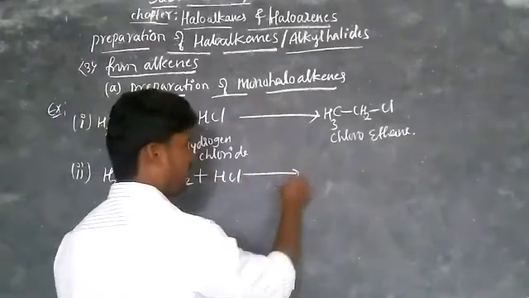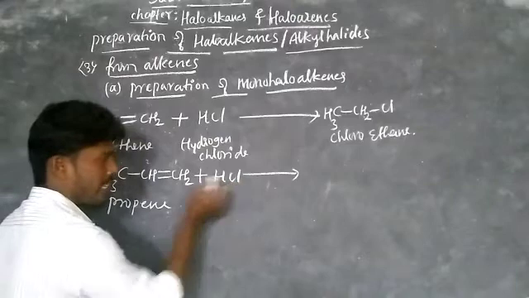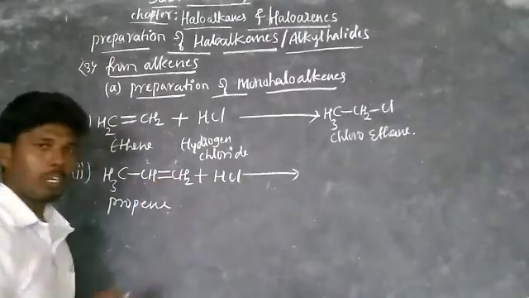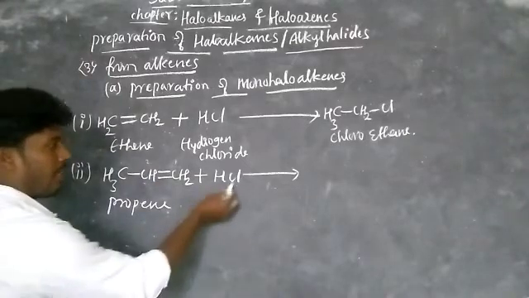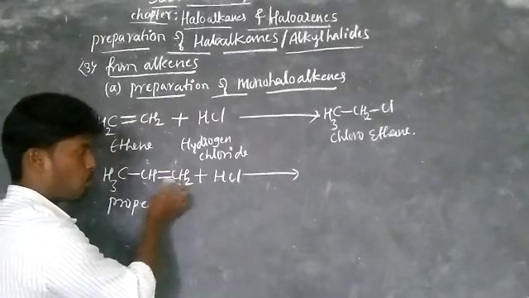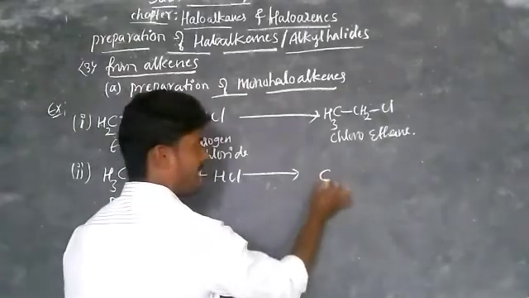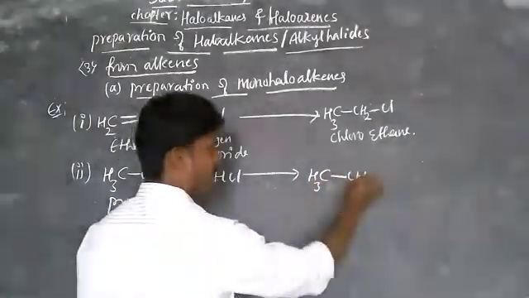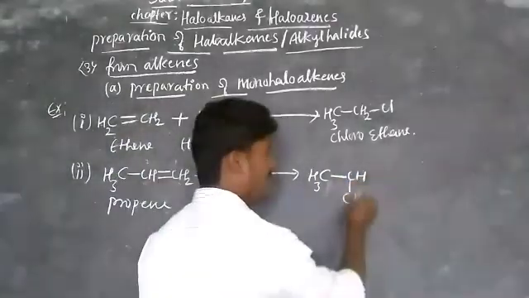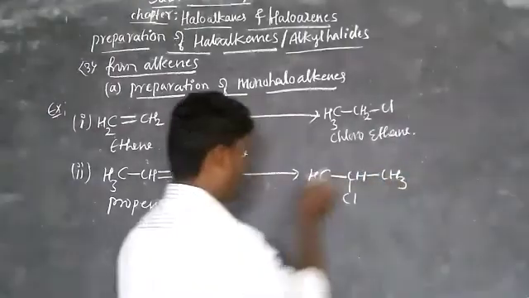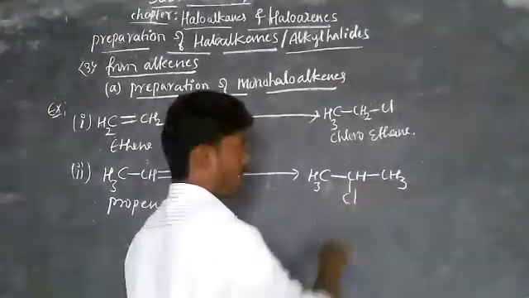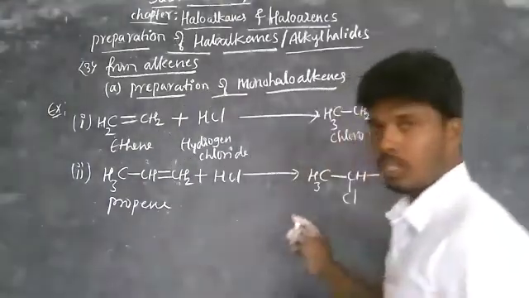Here the negative part is Cl minus. It will attach to the carbon containing the least number of hydrogens between the carbon-carbon double bond. Therefore Cl will attach to this carbon and H will attach to the CH2 carbon. You get CH3 bond CH, with chlorine attached to this carbon, bond CH3, because hydrogen goes to the CH2 carbon. Finally you get this product, with no byproducts.